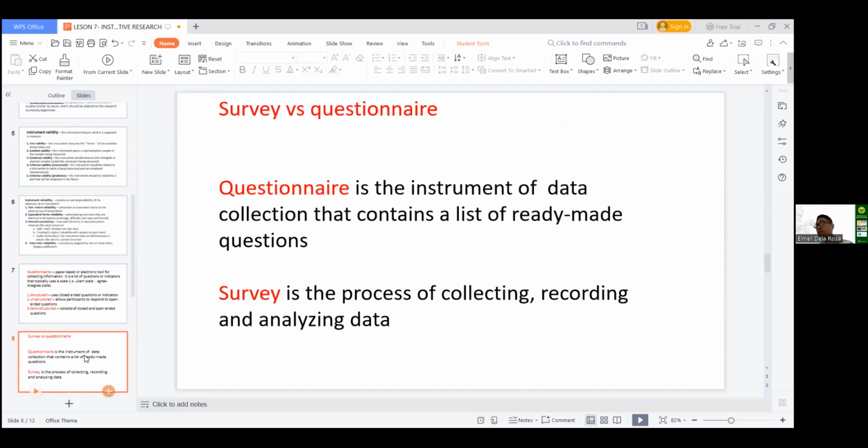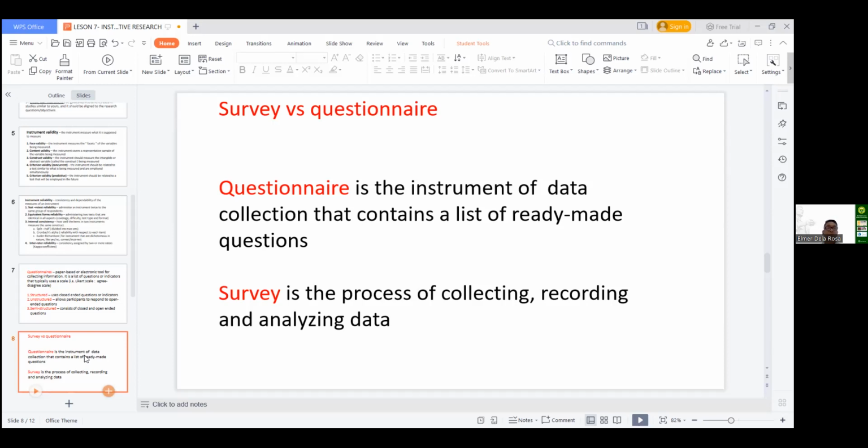Now, one of the most commonly misused or used interchangeably are the words questionnaire and survey. So when you say survey, this is the process of collecting, recording, analyzing data. Survey is a strategy of inquiry of a quantitative research.